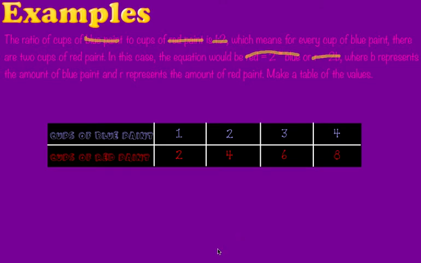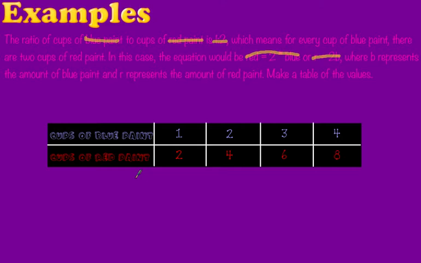So now here, if we look at the table, I want to know what is the unit rate for this problem. Okay, so in this case, if I'm using the table, I look for the spot that has one thing compared to 1. So if I look at the amount of blue paint, I see that there is a point where there is 1 cup of blue paint.